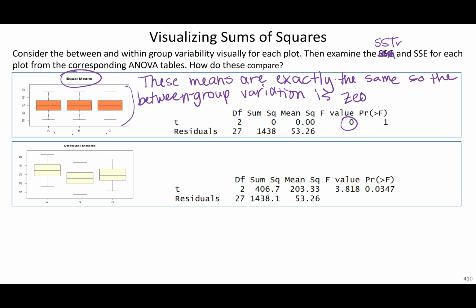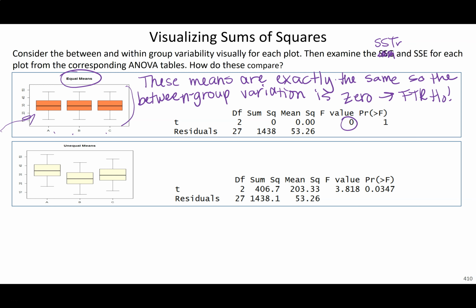So we're going to fail to reject the null. The null being that all three means are exactly the same, we're definitely going to fail to reject that here. Because not only are they close, they're identical. So we're definitely not going to find that they're different.